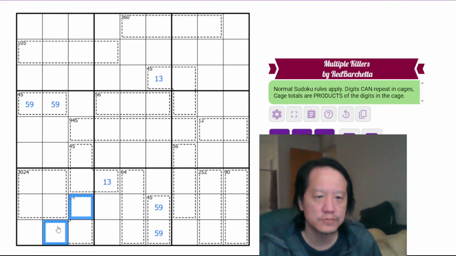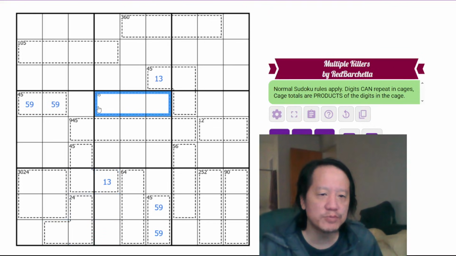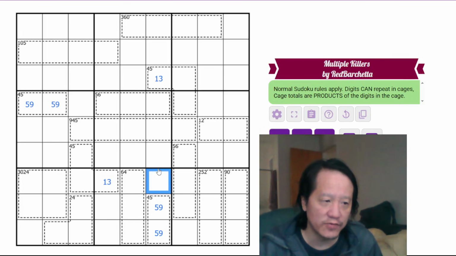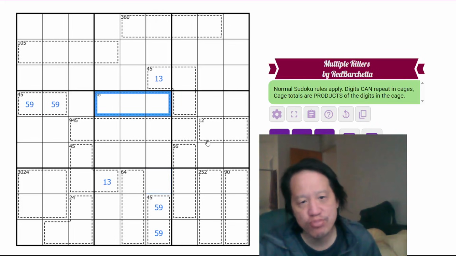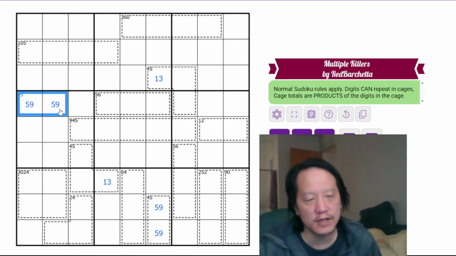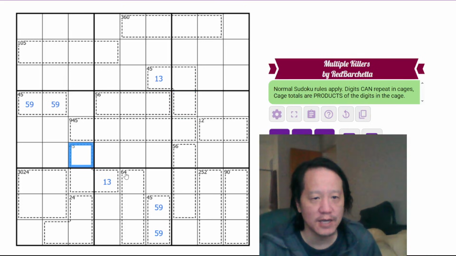To multiply to 56, that's essentially 7 times 8. So you could have 1, 7, 8 or 2, 4, 7. Oh, this can't be 5 or 9 either. Here, and this can't be 5 or 9.